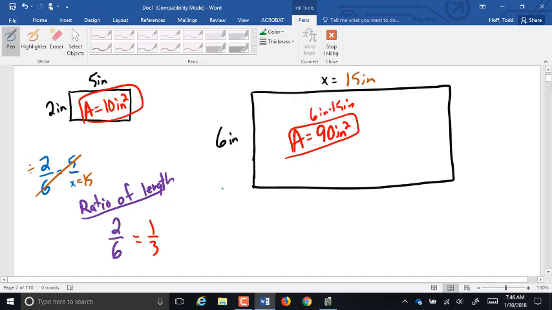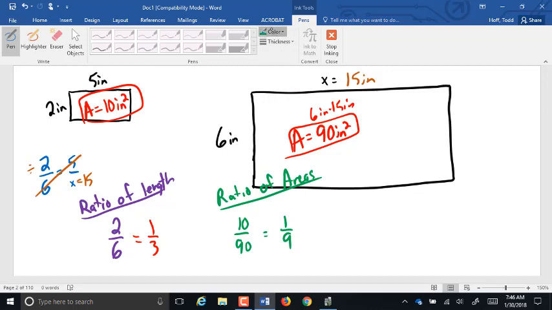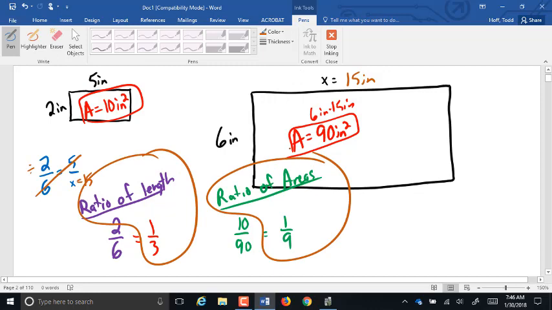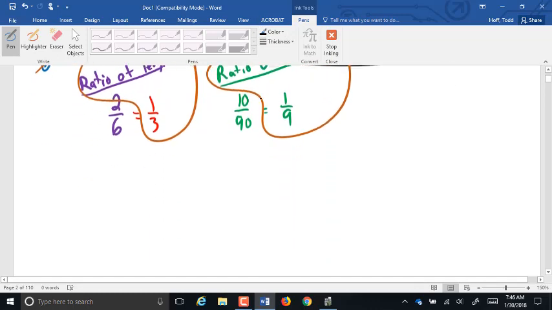If I compare those, I get a ratio of areas of 10 to 90, which reduces to 1 to 9. You'll notice ratio of lengths, ratio of areas is not the same. Let's look at another example and see if we can come up with a pattern here.